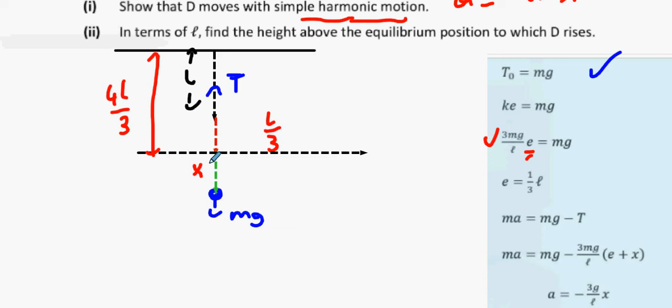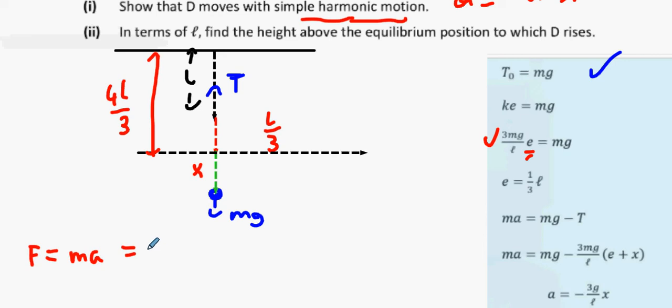So here's what we're going to do next. We're going to say that net force, which is ma. Now, which is bigger, up or down? Which one's bigger now? Tension going upwards or mg going downwards?